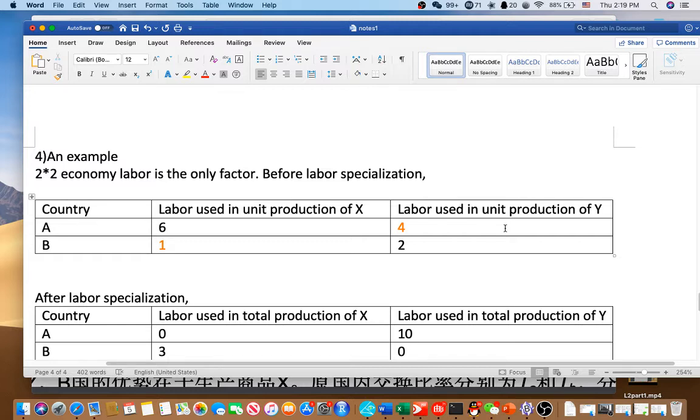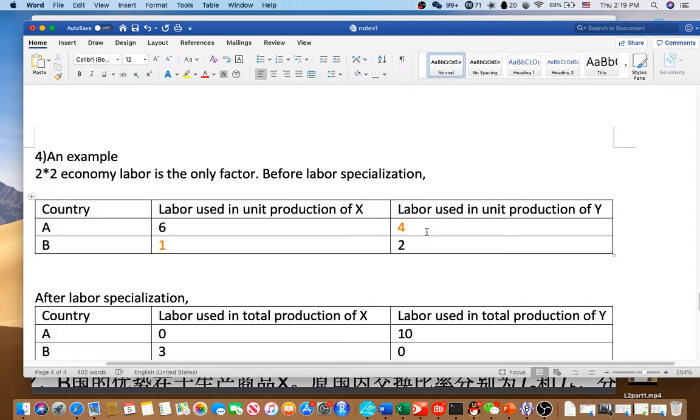In absolute advantage, country B has the absolute advantage in producing both goods, but for comparative advantage, we use the ratio. Country A's ratio is 4/6 in producing Y in comparison with X, and it's less than 2/1, which is equal to 2. Therefore, country A has comparative advantage in producing Y.